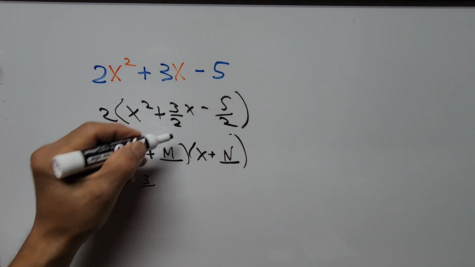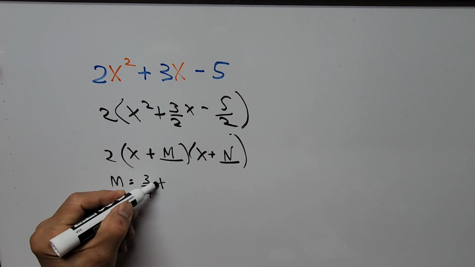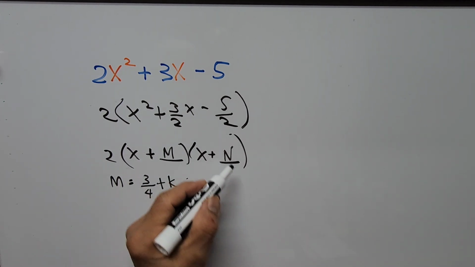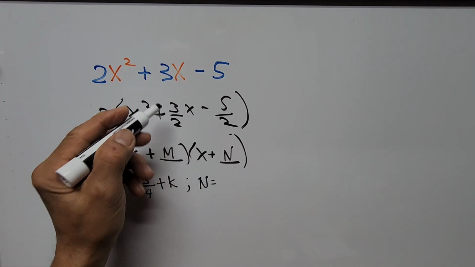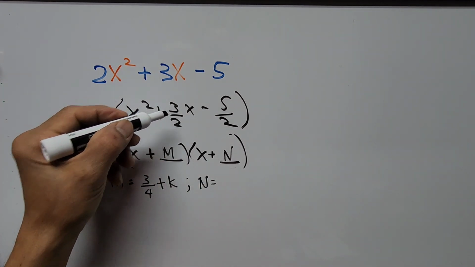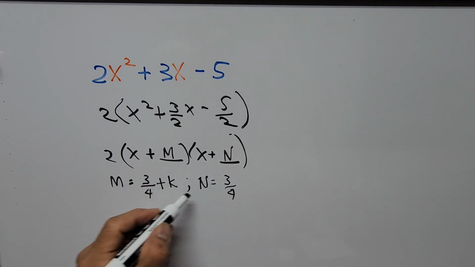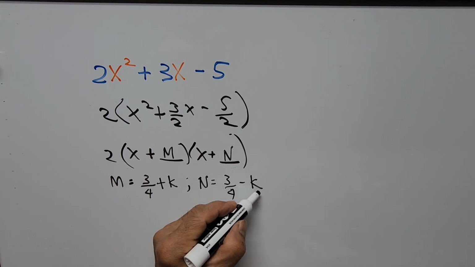Half of 3 halves is 3/4, right? And we're adding a certain amount to that. We call it k. Then the other factor n is equal to half of the coefficient of the middle term, which is 3/4, and then we're subtracting the same amount k.